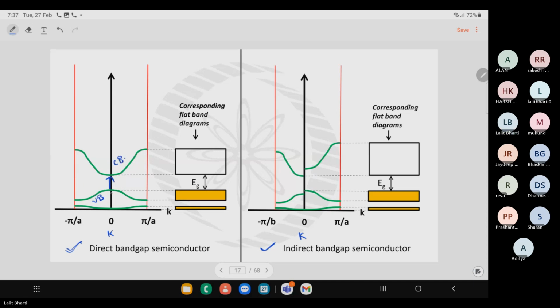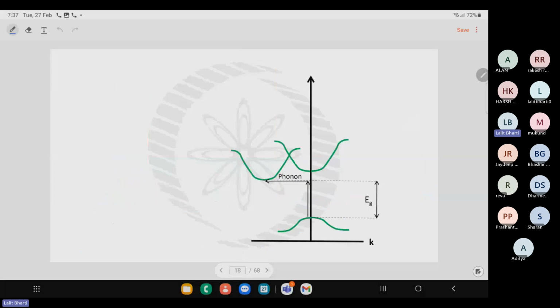If your conduction band's lowest point lies at the same value of k as the top point of the valence band, then it is a direct band gap. But if your k values are different for the valence band and conduction band, as shown in this picture, then it is an indirect band gap.